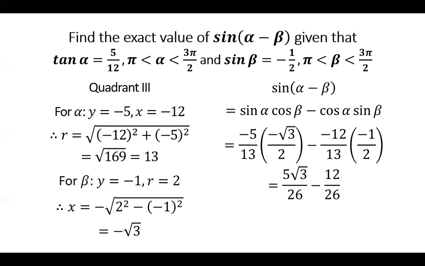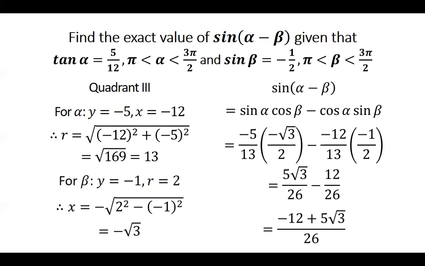Now, if we multiply through, we get 5 times the square root of 3 over 26 minus 12 over 26, common denominator of 26. Then we get negative 12 plus 5 square root of 3 over 26.